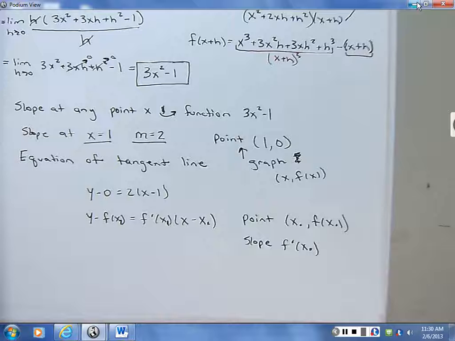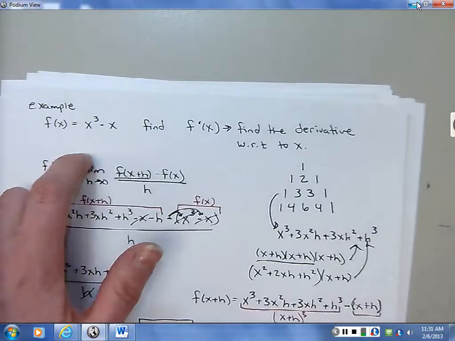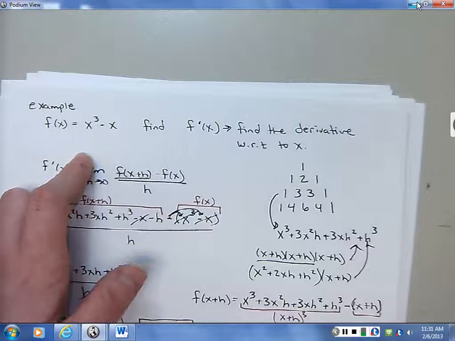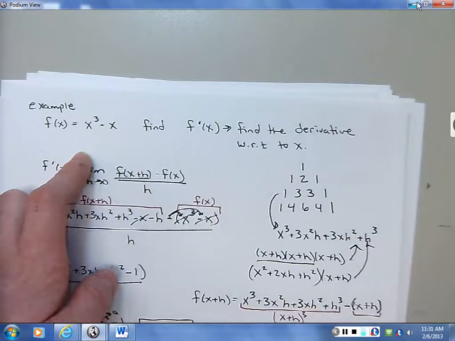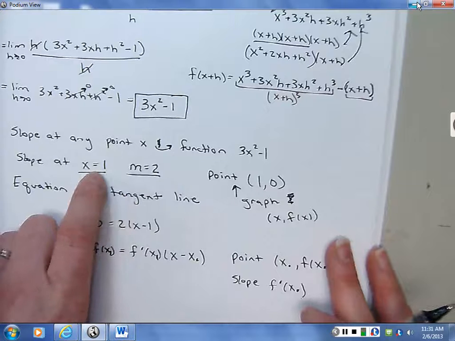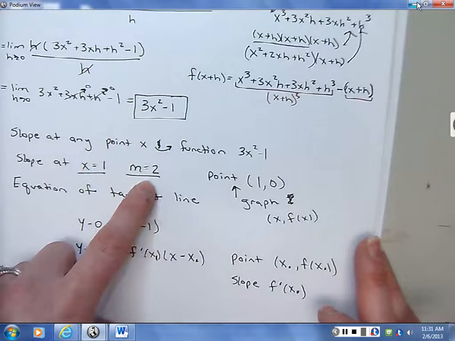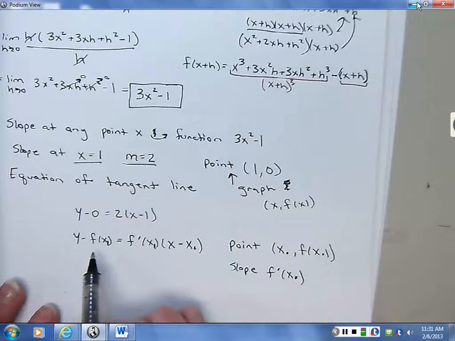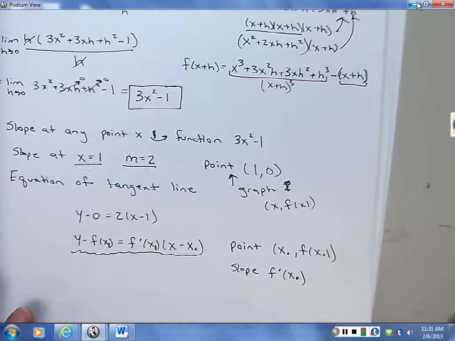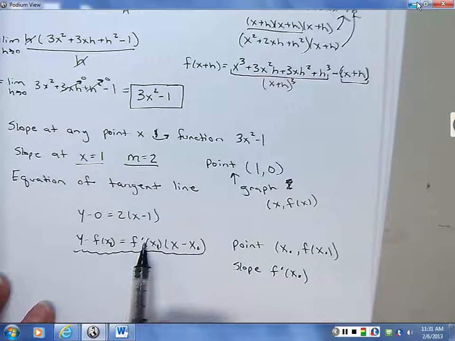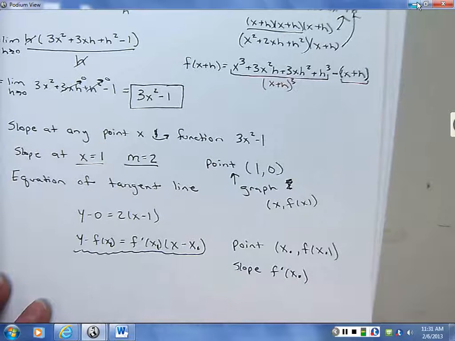Because the original function is x cubed minus x, if I plug in 1 to the original function, I get out 0. So the point on this graph at x equals 1 would be 1 comma 0. The slope at x equals 1, I plug in 1 to my f prime of x and get 2. So later on, this formula will come up in your book using this notation: the slope at any point is the value of the derivative at that point.